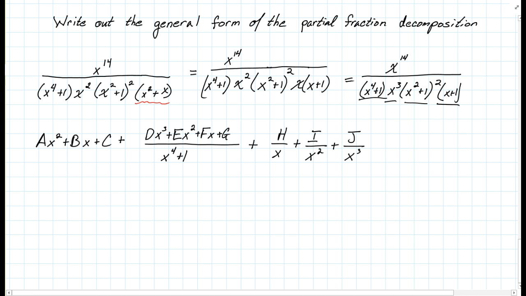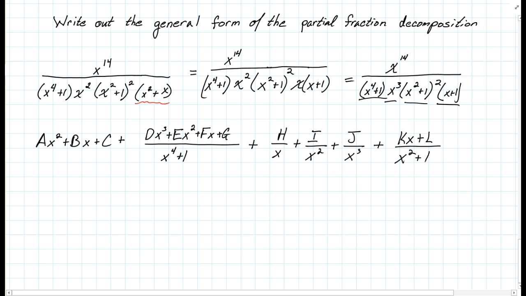All right. Now this x squared plus 1 term, it again is a degree 2 polynomial. So we're going to need a degree 1 polynomial on top, kx plus l over x squared plus 1.